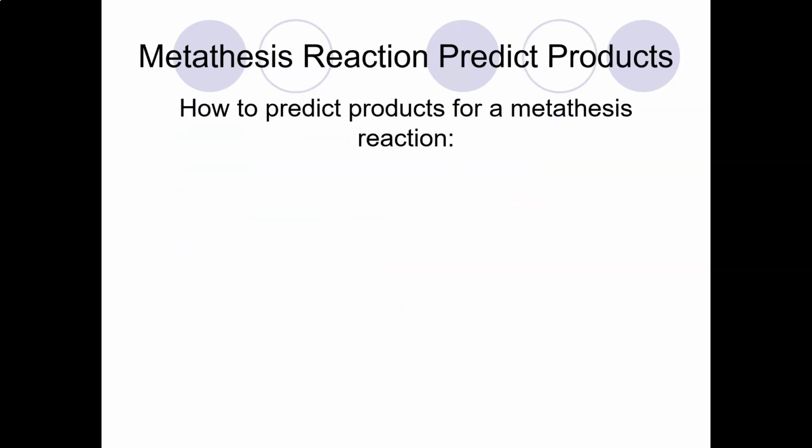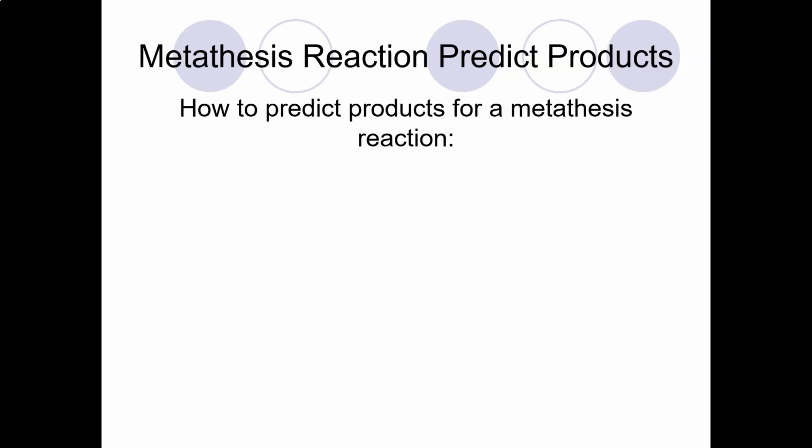So I've made us a little set of steps for how to predict the products, because with this type of reaction, I can tell you what 2 things you're starting with, tell you it's a metathesis reaction, and based on these steps, you can tell me what the products are going to be. We also did this a little bit with the combination and combustion reactions back in chapter 3.